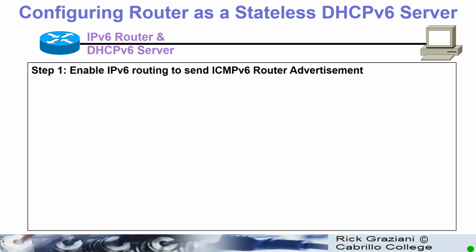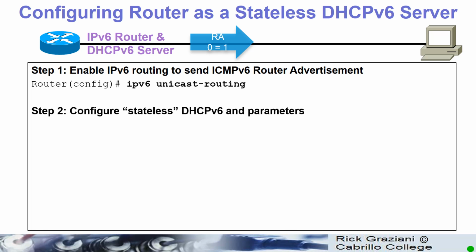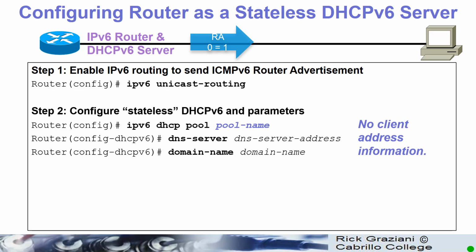So how do we enable IPv6 routing to send the appropriate ICMP version 6 router advertisements? Turn on IPv6 unicast routing. Configure the stateless DHCP server parameters. If we're doing this on the router, again, it's a pretty basic DHCP pool. Here we're using IPv6, so make sure to do ipv6 dhcp pool, the pool name, the appropriate DNS server, the appropriate domain name.